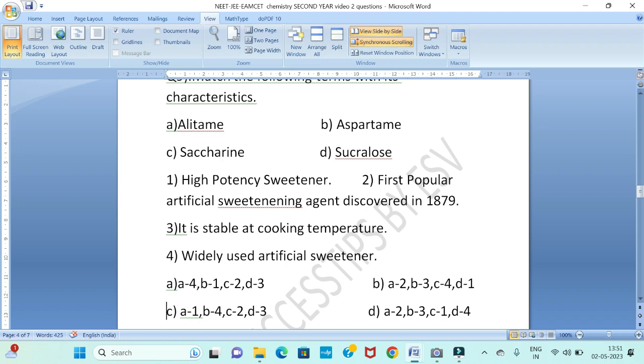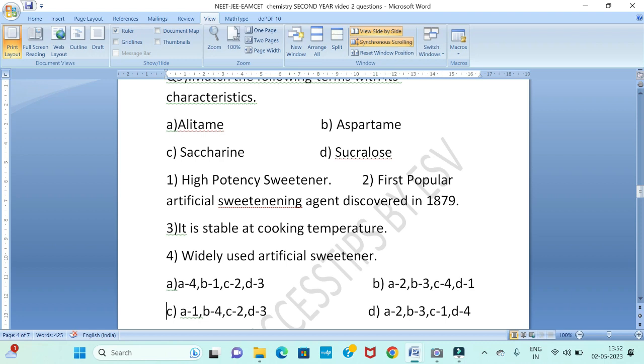Next saccharin, C2. The first popular artificial sweetening agent, discovered in 1879. There are so many artificial sweeteners. Alitame, aspartame, sucralose, saccharin are all artificial sweetening agents.